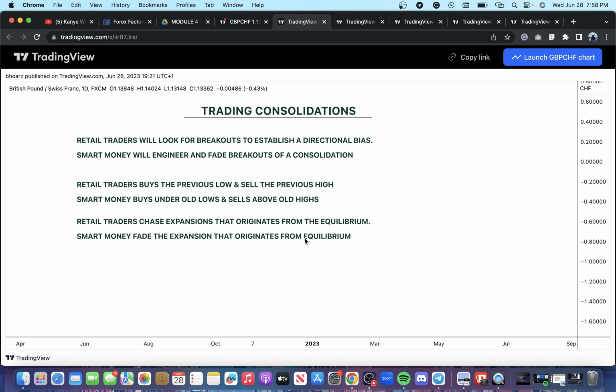But I want to talk about day trading consolidations and how you can view consolidations from the perspective of smart money versus the traditional sense of how people trade consolidations. Classically, retail traders will look for breakouts out of consolidations to establish a direction of buys.